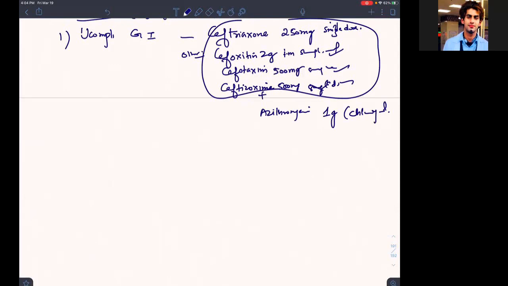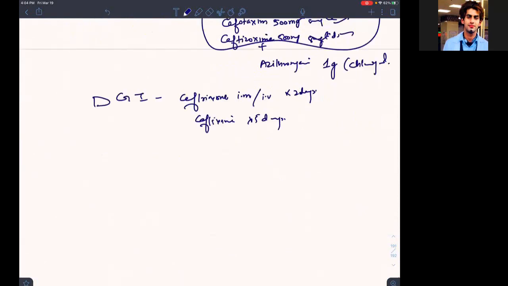This is the treatment you will be giving. If there is disseminated gonococcal infection, that is arthritis, synovitis, skin lesions, you will be giving ceftriaxone IM or IV for 2 days and cefixime for 5 days.